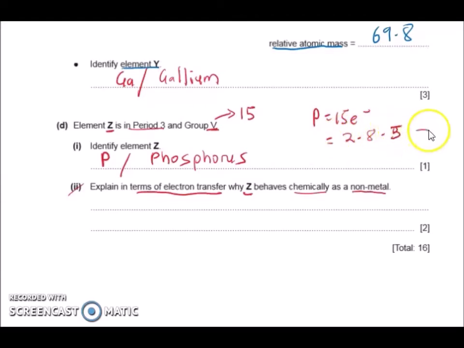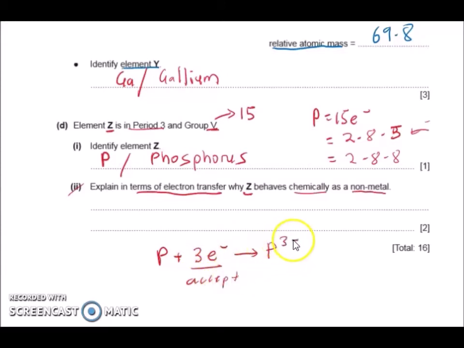So they will have to accept another 3 more, and they'll become 2.8.8. So they have to accept electrons. So the equation here will be P plus 3 electrons, they accept, and here you have a negative charge on phosphorus.